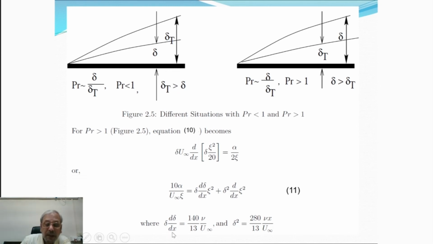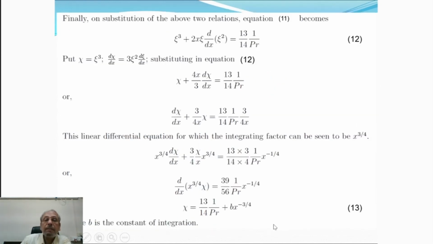This we obtained while solving momentum integral equation.